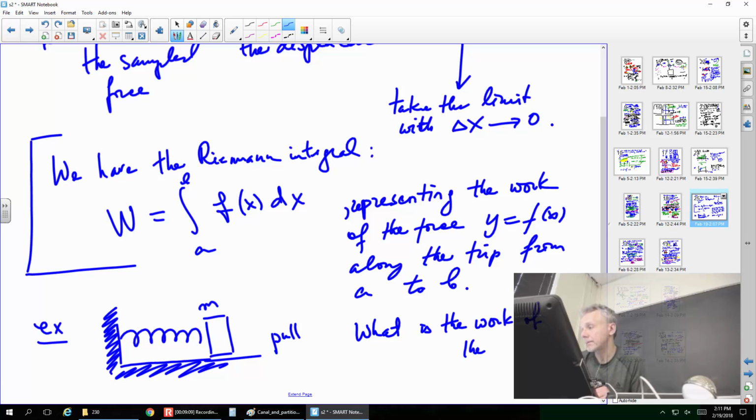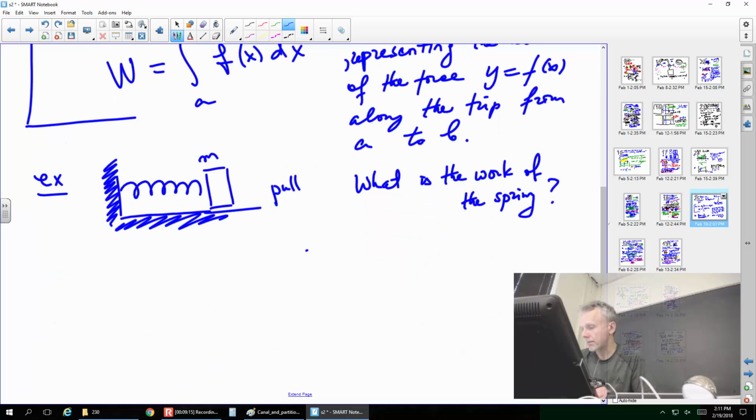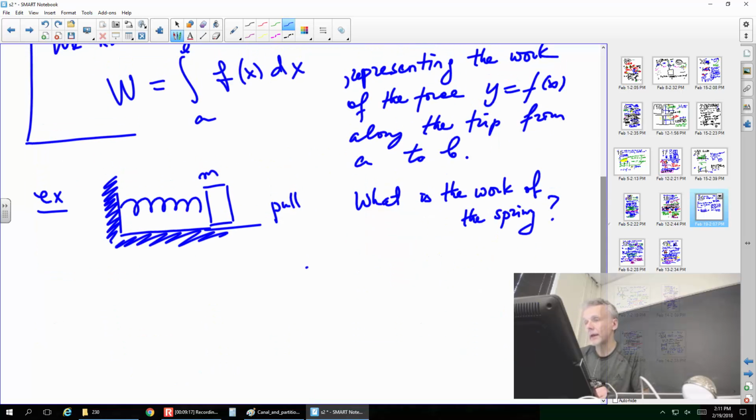Of the spring. Okay, so hypothetically, if we have here maybe this is the equilibrium, and we pulled it, let's say at A, and we pull it to B. This is our trip along the x-axis.